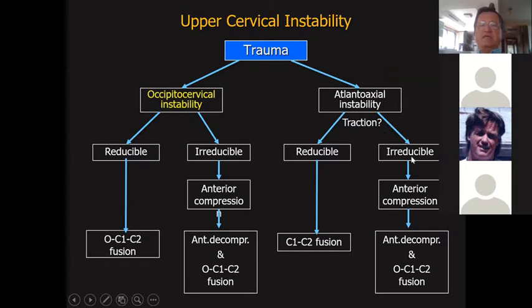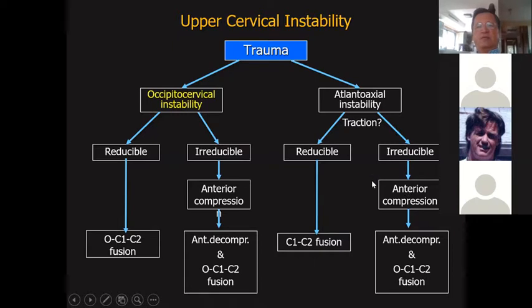If it's irreducible, which is not common in acute trauma, but in cases coming late, I mean more than 2 weeks or months later, then it may be irreducible.